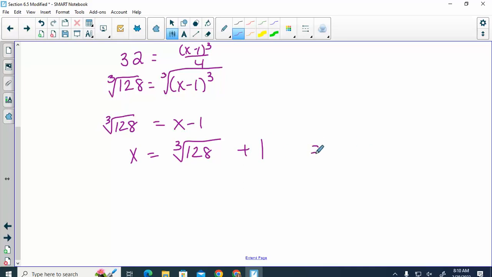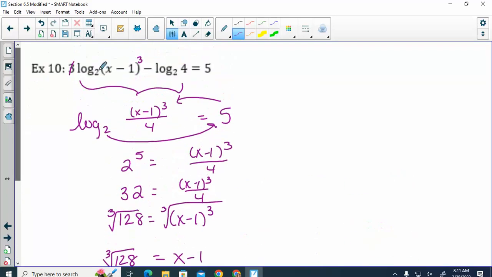Or if I asked for the decimal approximation, 6.029. And then just a quick check, the arguments have to be positive. So if I'm plugging in a 6 point something, subtract 1, that's positive, so we're all good.